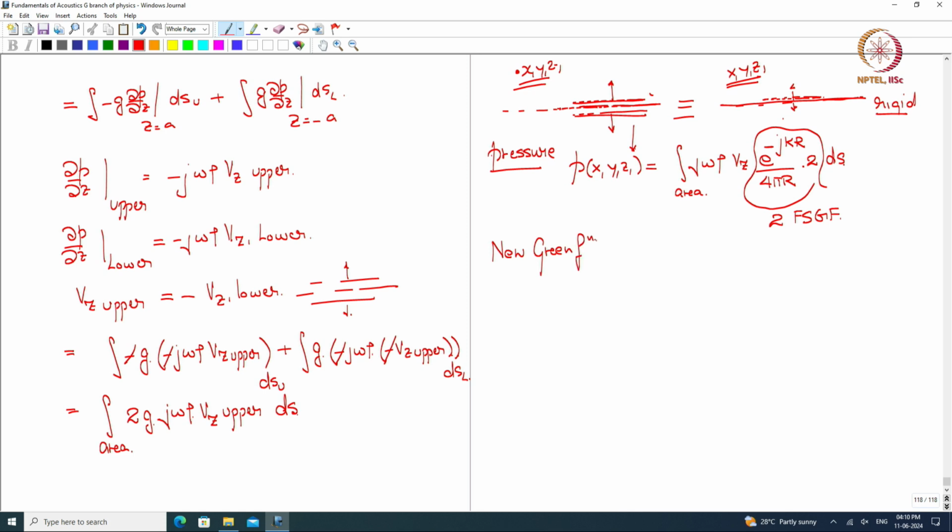So, what has happened in the KH integral? Okay, we have found a new green function which is numerically equal to twice the free space green function, but its del g nu by del z on the surface is equal to 0.